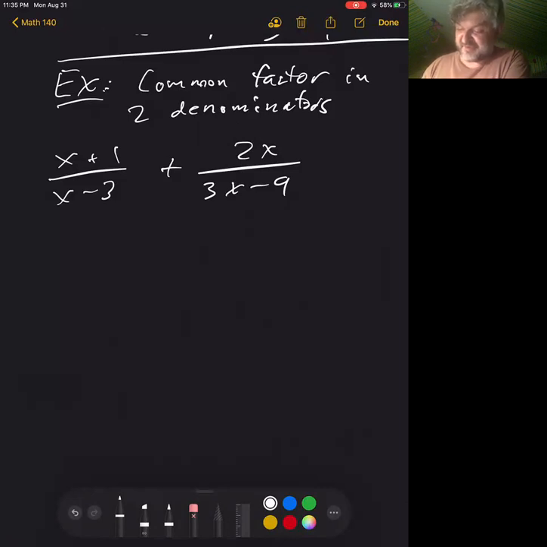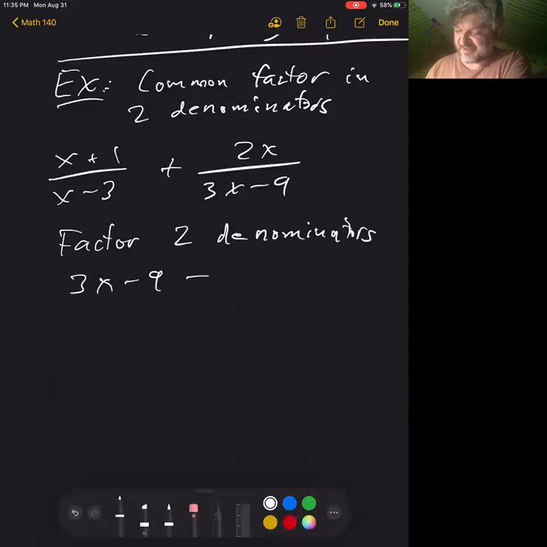So what was my advice? Factor the two denominators. Can't do anything with x minus 3, but 3x minus 9 is 3 times x minus 3. And now we spot a common factor here and here.